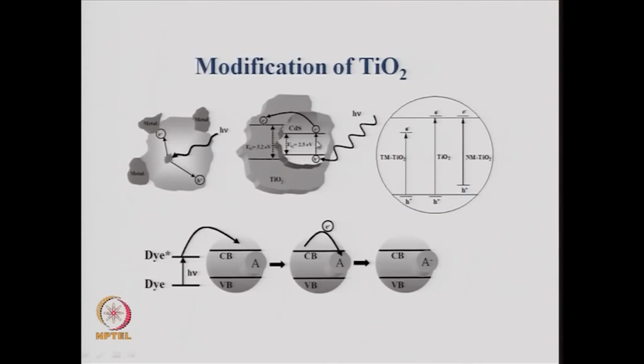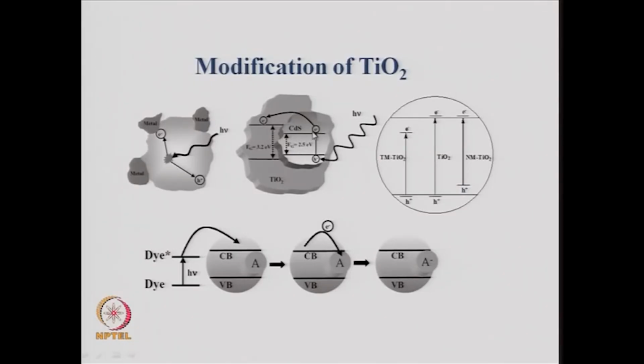So, it can take lower energy and create electron hole pair. So, cadmium sulphide can be triggered to generate electrons and holes with lower energy of 2.5 electron volt, whereas TiO2 will require 3.2 electron volt. So, if you give lower energy, you can still generate electron and hole because of the presence of cadmium sulphide.